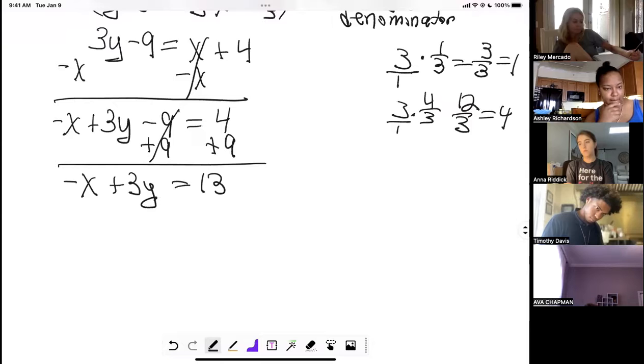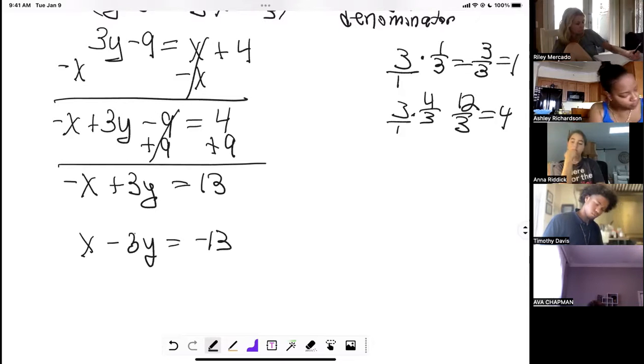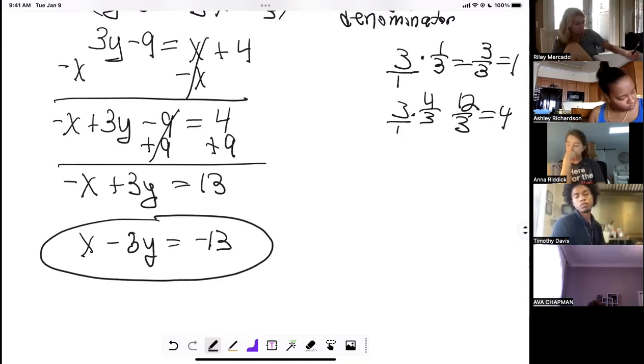So you can divide everything by -1, but the shortcut is change all the signs. If I divide by -1, I'm doing the same thing. So x minus 3y is equal to -13. And I just took my equation that was in point slope form and wrote it in standard form.